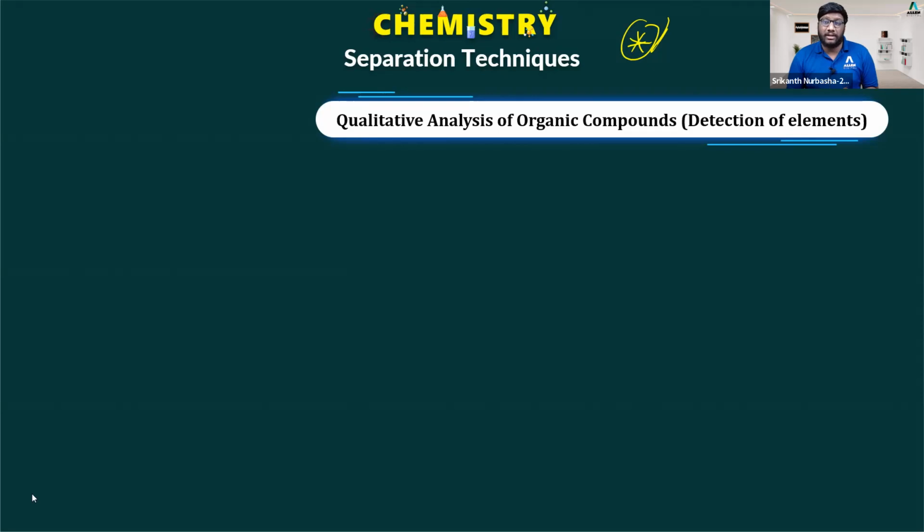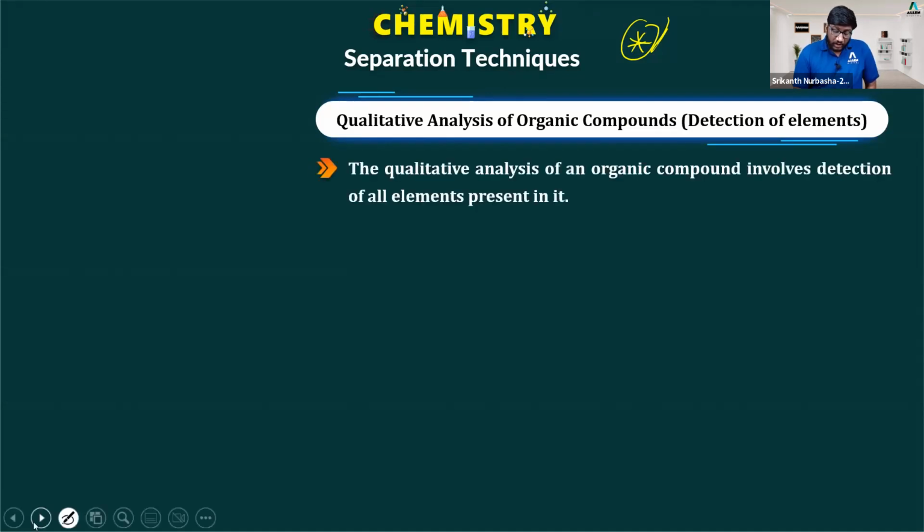Quantitative analysis tries to explain how much quantity of a particular element is present in that substance. Qualitative analysis tries to give an idea about what type of elements are present in the substance. Qualitative analysis of organic compounds, detection of elements. The qualitative analysis of an organic compound involves detection of all elements present in it.